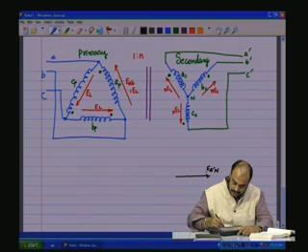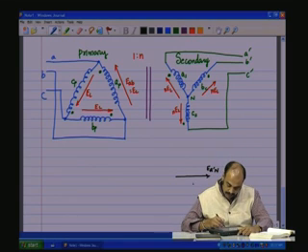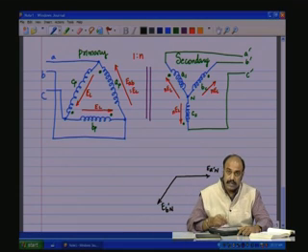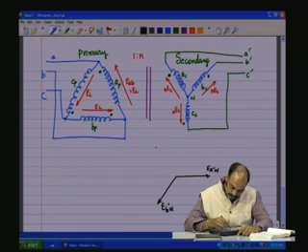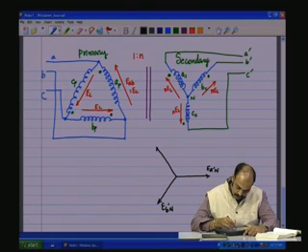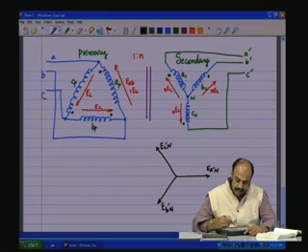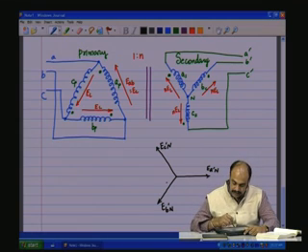This is E A dash N, that is this voltage that I am showing across the AS coil, and E B dash N, across the BS coil, and E C dash N, which is the voltage across the CS coil, taking E A dash N as the reference line, the horizontal line. They are all 120 degrees phase shifted with respect to each other.